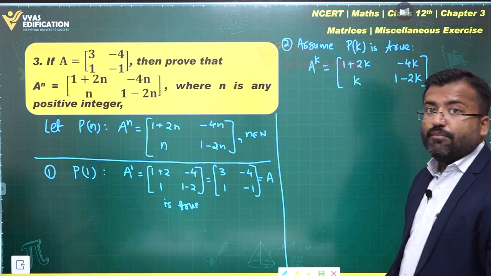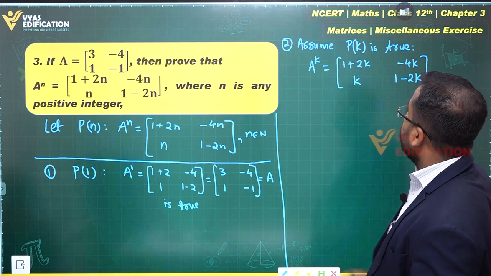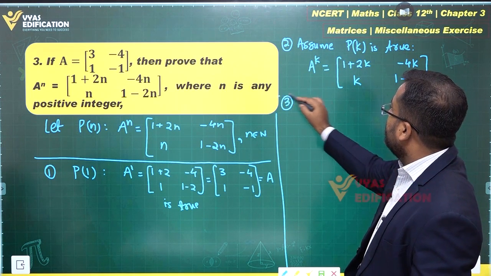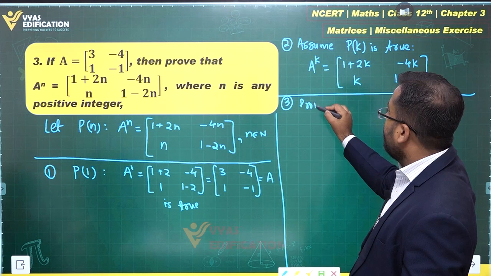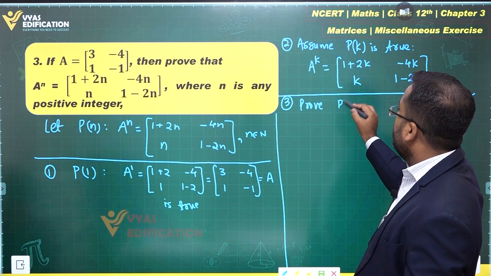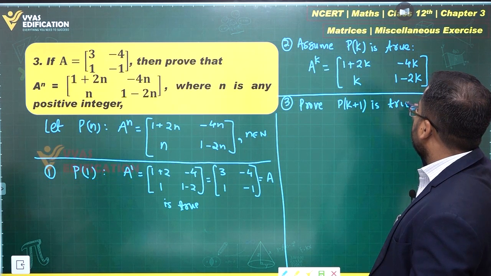We have assumed that Pk is true, that is, this is true. The third step says prove Pk plus 1 is true.